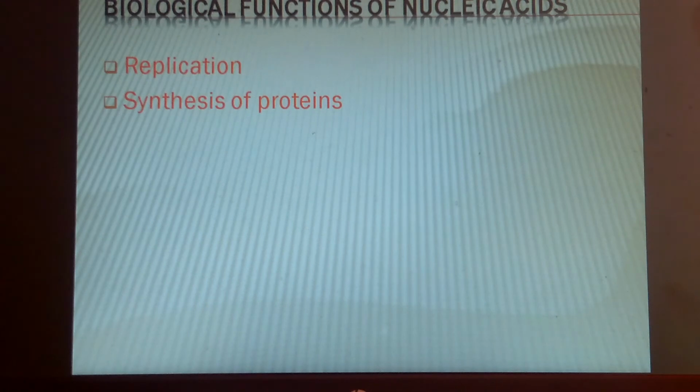I hope it is clear. So that sequential arrangement of bases is responsible for the DNA, and that DNA is different from one person to another person. That is what gives rise to DNA fingerprinting.